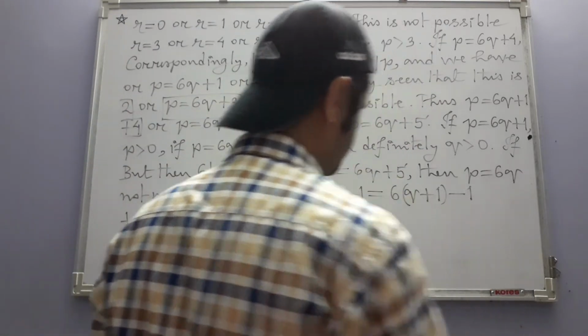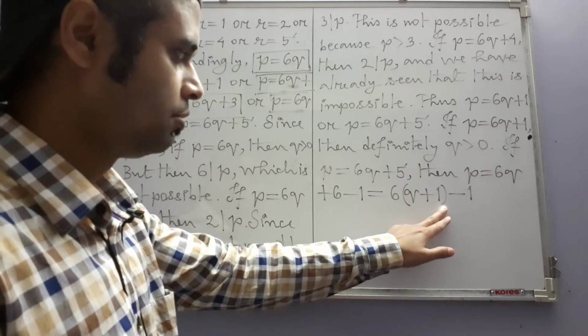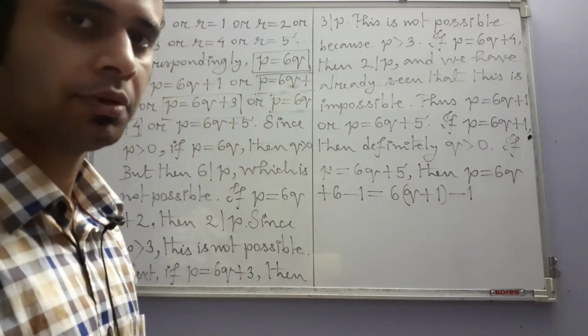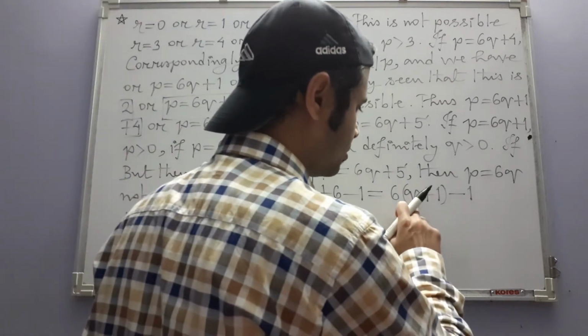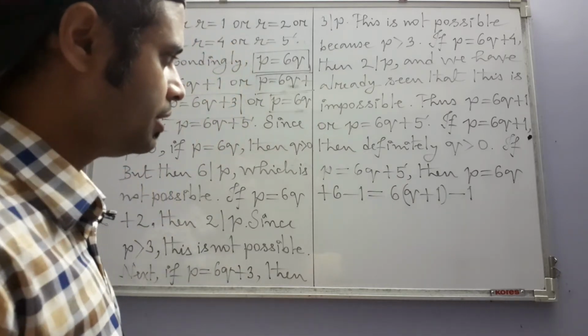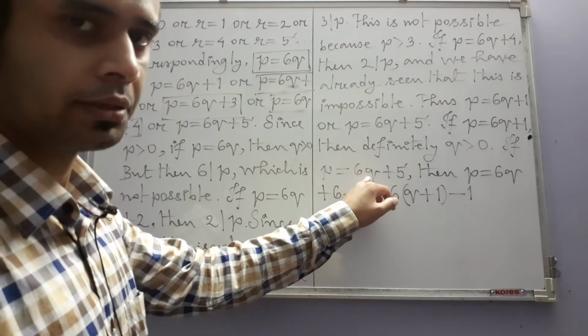Now what about this q plus 1? We want this q plus 1 to be our k, that means we want this to be a positive integer. For that to happen, q must be a non-negative integer. Now, is it possible here for q to be a negative integer?